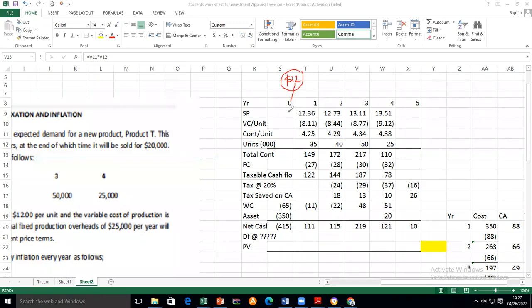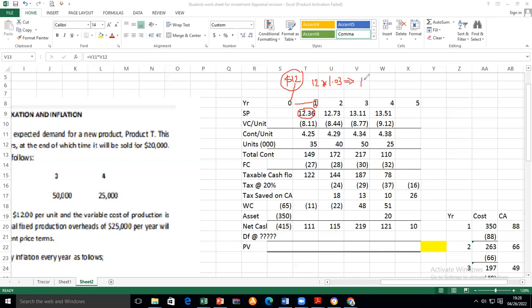We're now inflating. The first sale we're going to make, or all the revenues, are going to come 1 year from now. So that's where we have the first revenue. So what will be the price 1 year from now? It's 12 multiplied by 1.03. What is the answer there? 12.36.